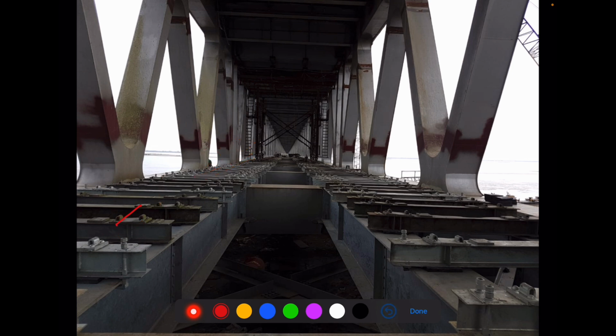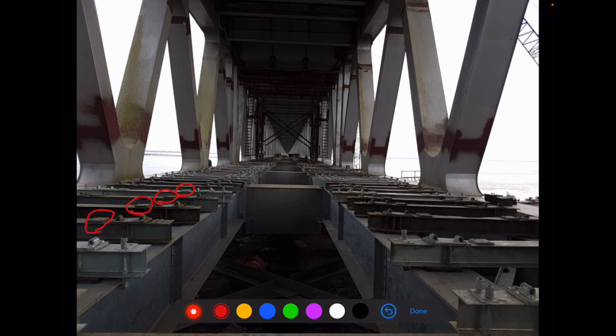If you look carefully, you can also see that here there is a small plate kept over here. What is this for? This is for fixing an accessory over the bridge sleepers, which holds the guardrail.